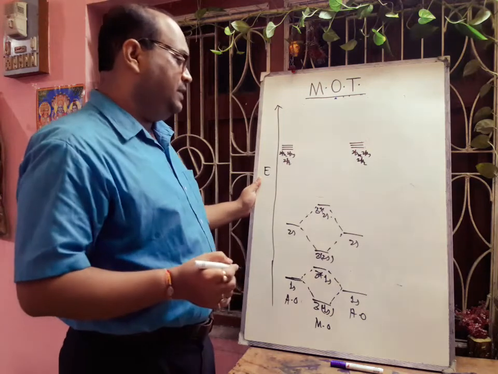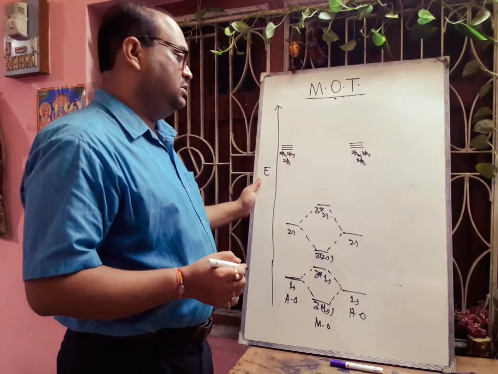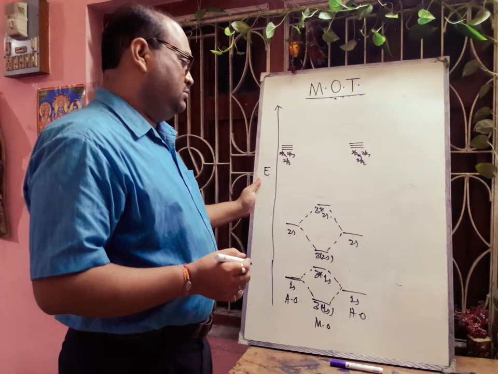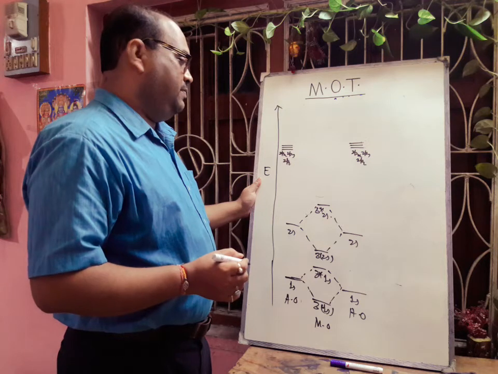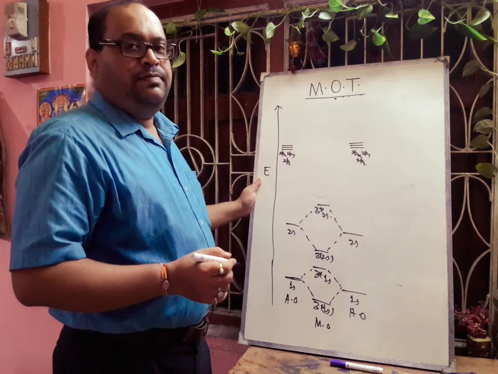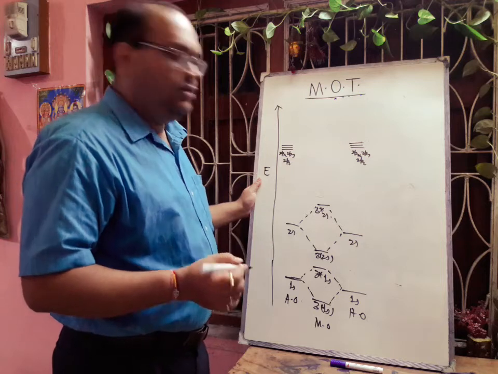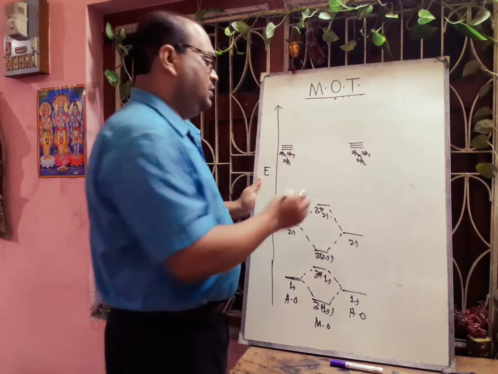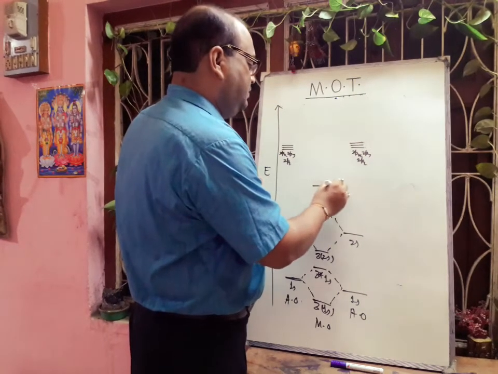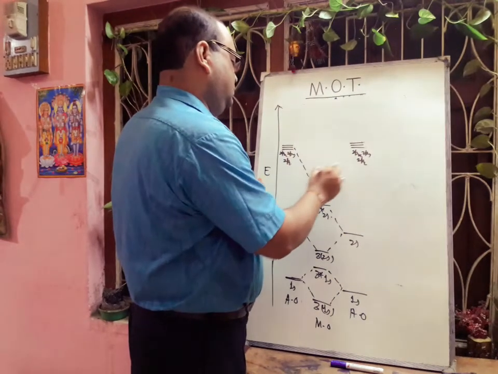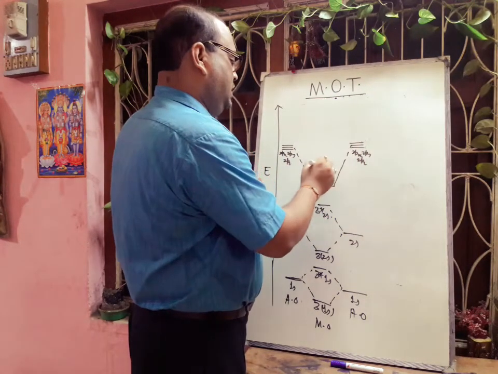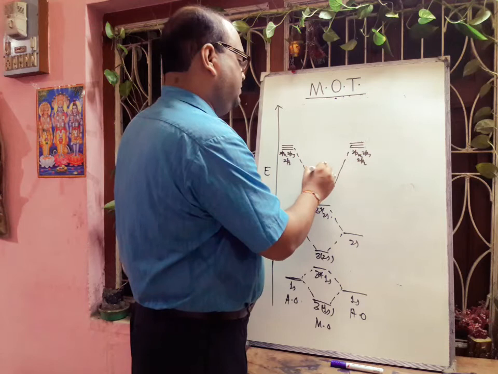Now what will happen is that the pi orbital will be at the lower level. So here will be the pi orbitals, and sigma will go above.